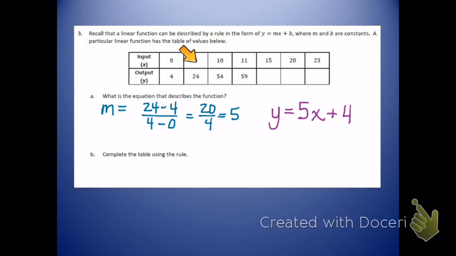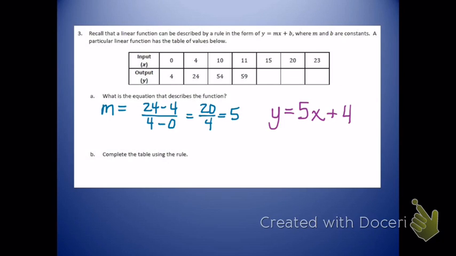And it would be good to check it with a few points. So let's look here, 10 and 54. So if I put 10 in, 5 times 10 is 50 plus 4 gives me 54. 5 times 11 is 55, plus 4 is 59. So we can see this table's consistent.